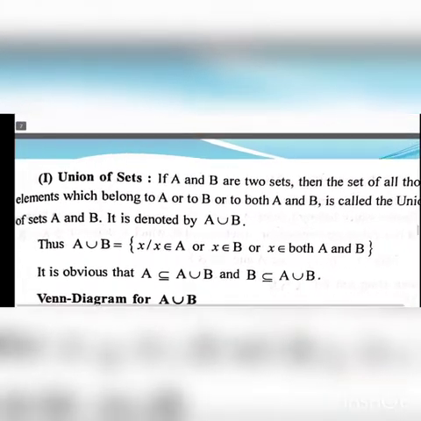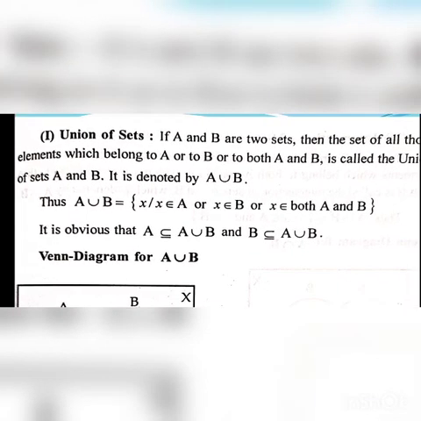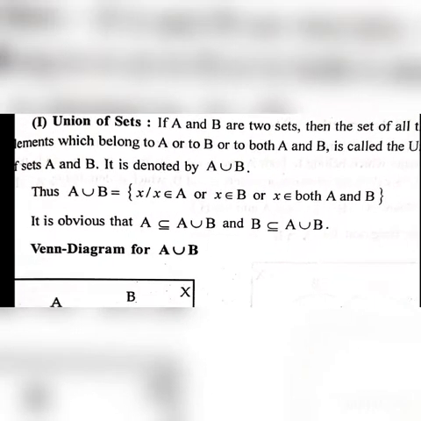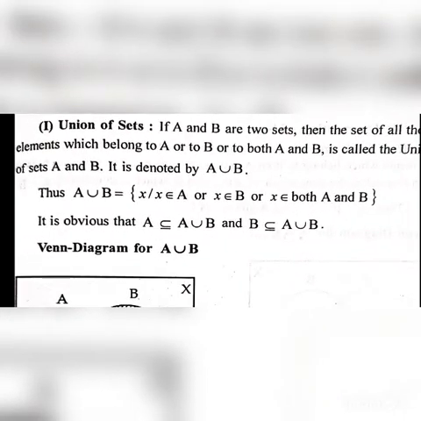So the set A ∪ B is equal to {x such that x belongs to A or x belongs to B or x belongs to both A and B}. Which elements are in the set A ∪ B? Either x belongs to A, x belongs to B, or the common elements. Okay, meaning x belongs to both A and B.